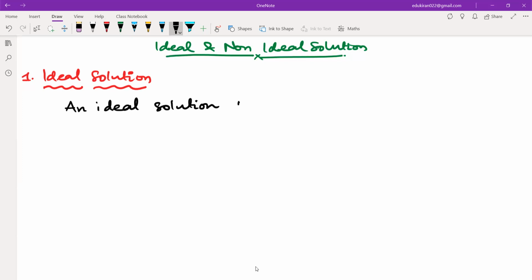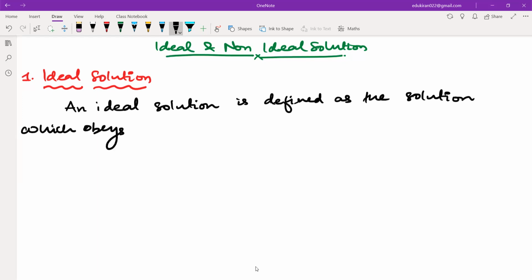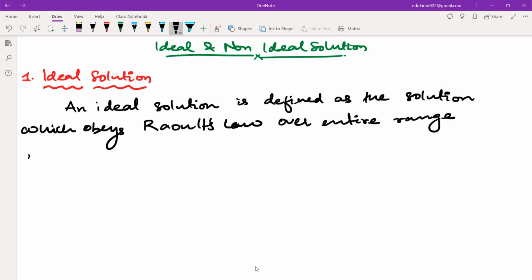An ideal solution is defined as the solution which obeys Raoult's law over entire range of concentration. Over entire range of concentration.